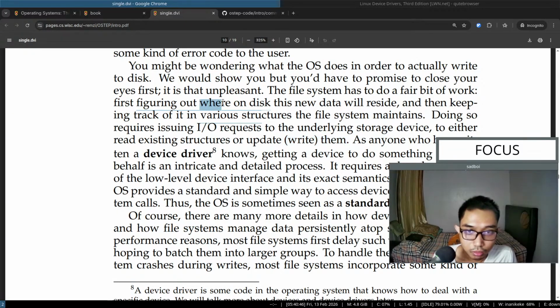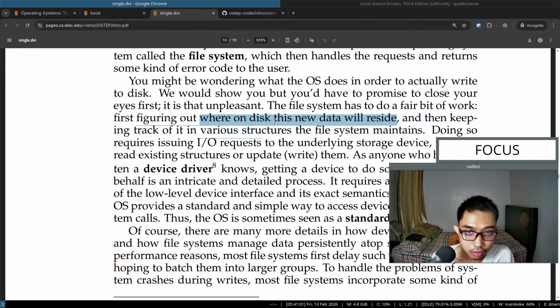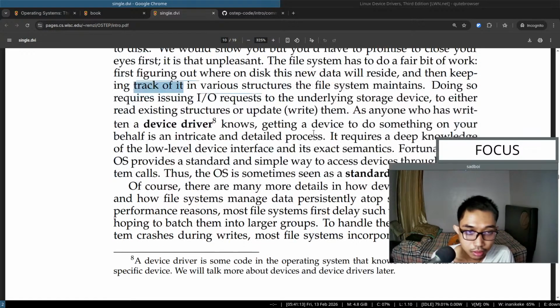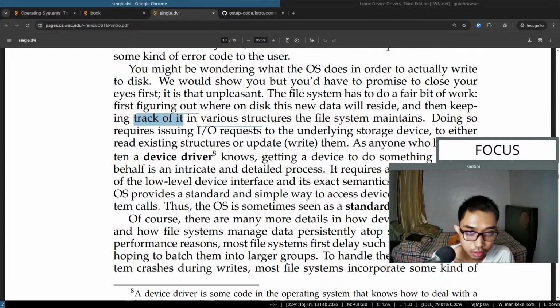Wait a minute. First of all, where on disk this new data will reside. Okay. Maybe something like the address. And then keeping track of it in various structures the file system maintains. Okay.